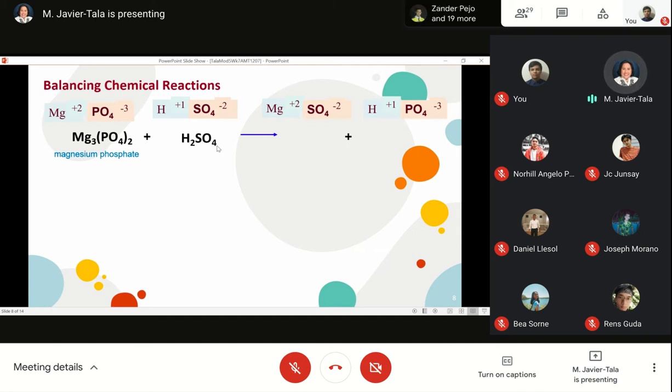By criss-cross method, we form magnesium phosphate, where magnesium will get 3 from phosphate, and phosphate, having 2, you enclose in a parenthesis, and that as a group will take 2 from magnesium. And we have to write it as subscript.